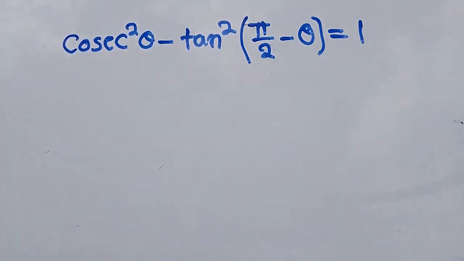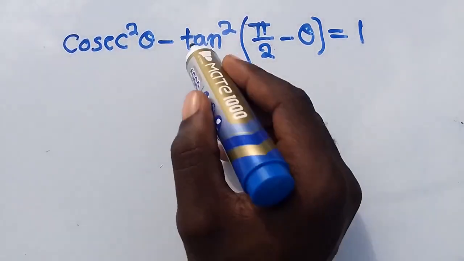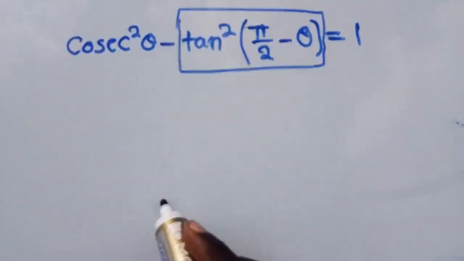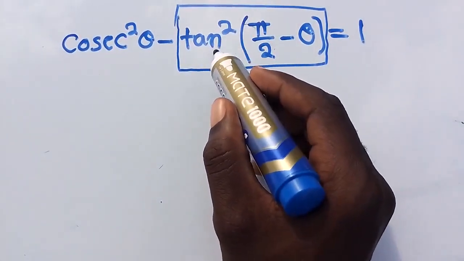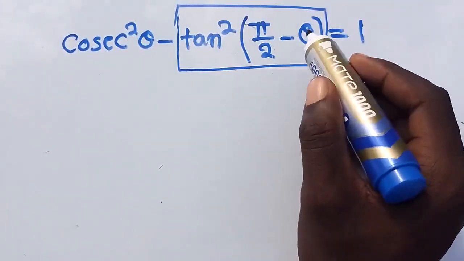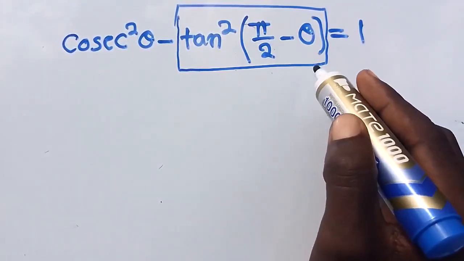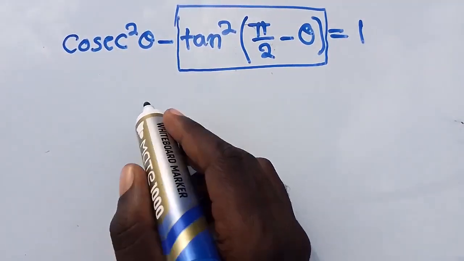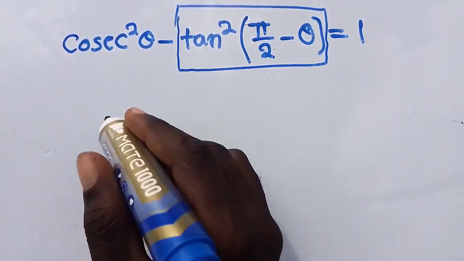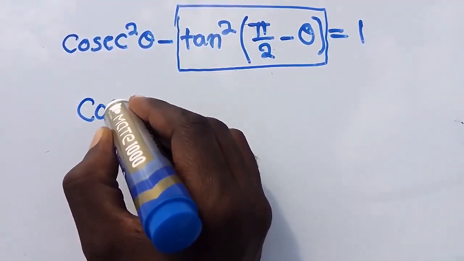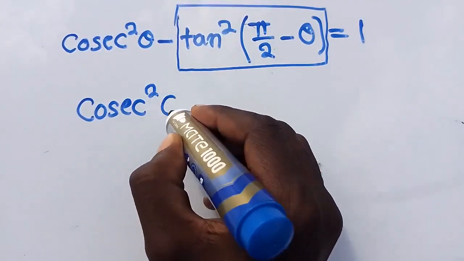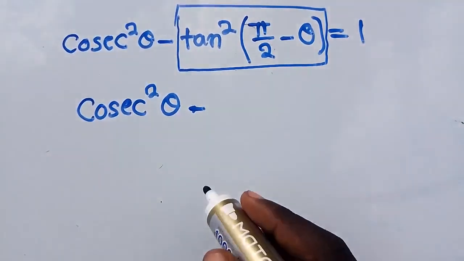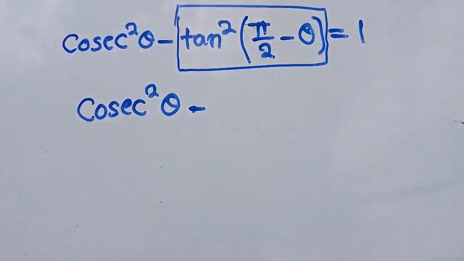Since there is a square there, tan of pi over 2 minus theta is cot. It is cotangent. So I'm going to write the expression here: cosec squared theta minus, I've told you this is cot. These are some of the identities that you are supposed to know.